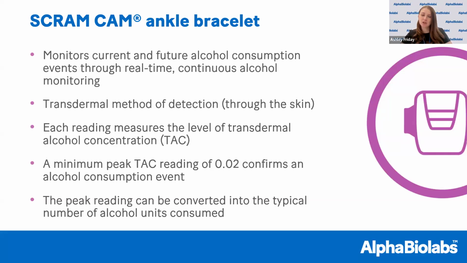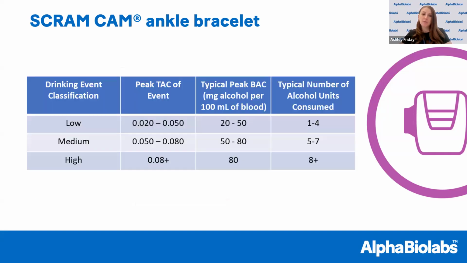This would be ideal for that situation because it allows you to monitor them for specific, kind of, every 30 minutes whilst the child's in their presence for any drinking that might have occurred. And then this is how they're classified. So they would classify them as low, medium or high level drinking events if and when detected. And then they would translate that into the peak TAC reading level.